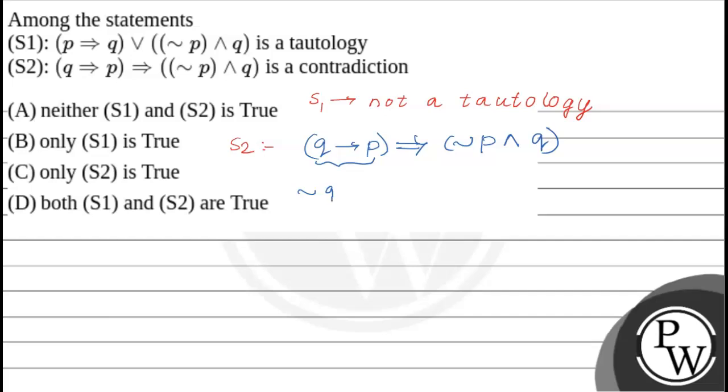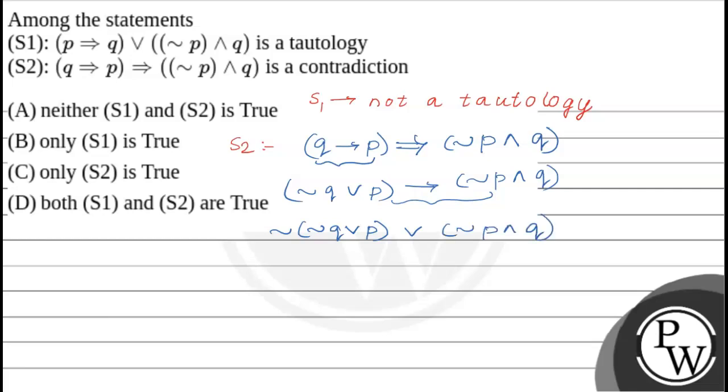So we have negation Q or P implies negation P and Q. Now using the first property again here, we will have negation of negation Q or P, or negation P and Q. तो इसको simplify करने से negation of negation Q will be Q. And here disjunction will become conjunction on taking negation, and we'll take negation P. Disjunction, negation P and Q. So this is the simplified version of the given Boolean expression.